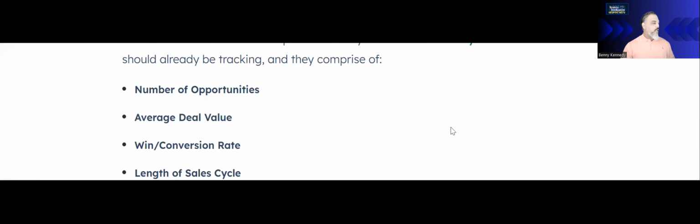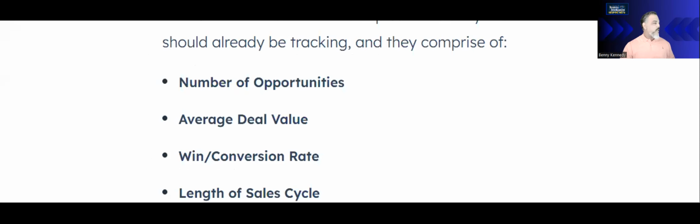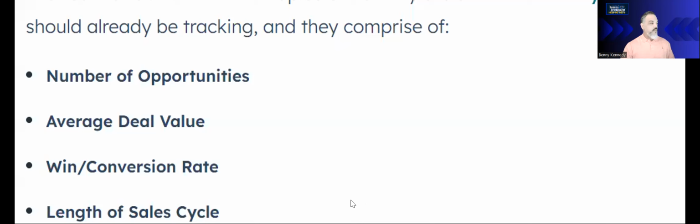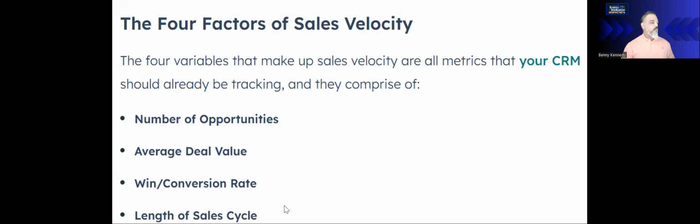So when we're looking at it, the number of opportunities, the average deal value or volume, and the win conversion rate with the length of the sales cycle, paying attention to these levers and actually working these levers gives you the most favorable opportunity to succeed.